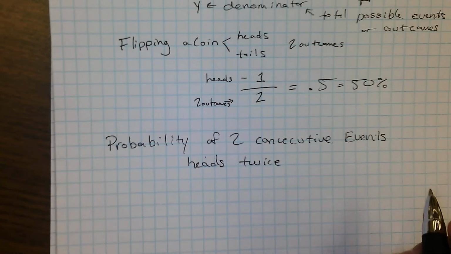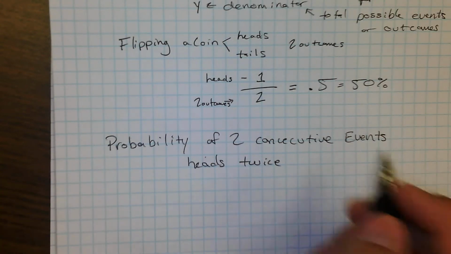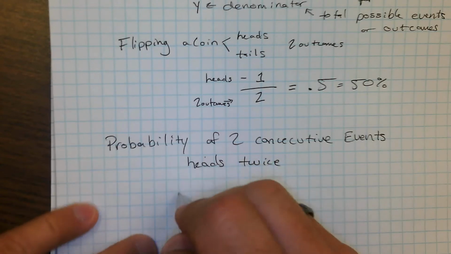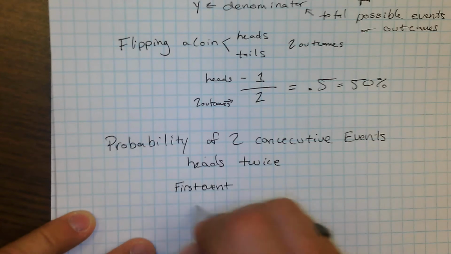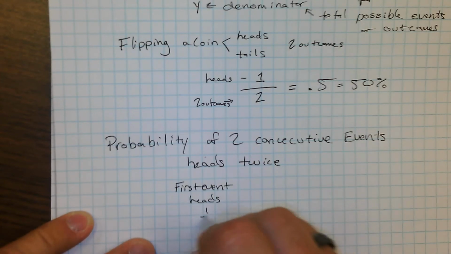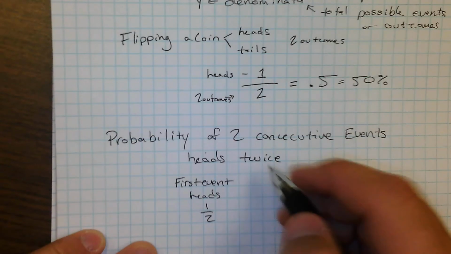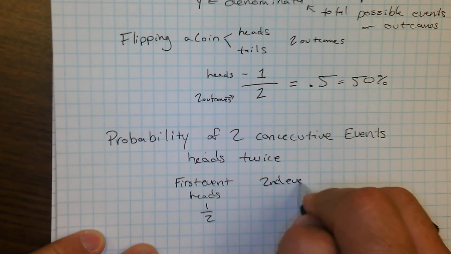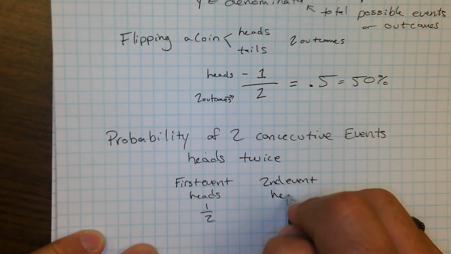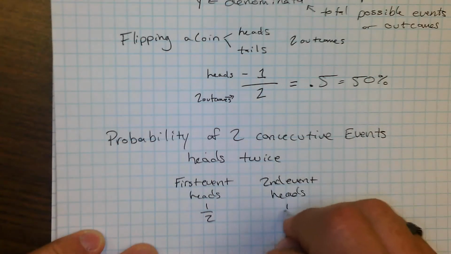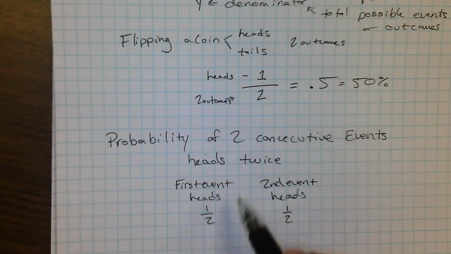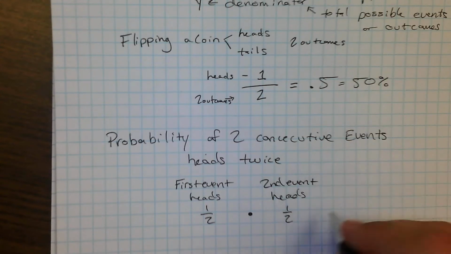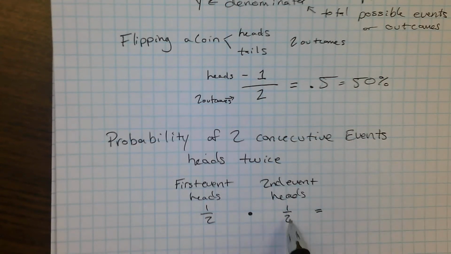We'll define the probability of 2 consecutive events. The first event, which is heads, we already know is 1/2, right? The second event, which is also heads, is 1/2.